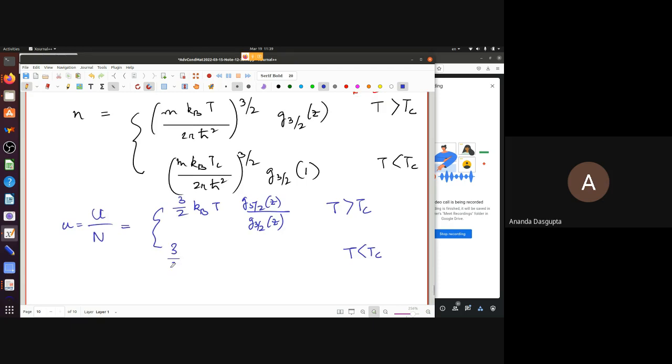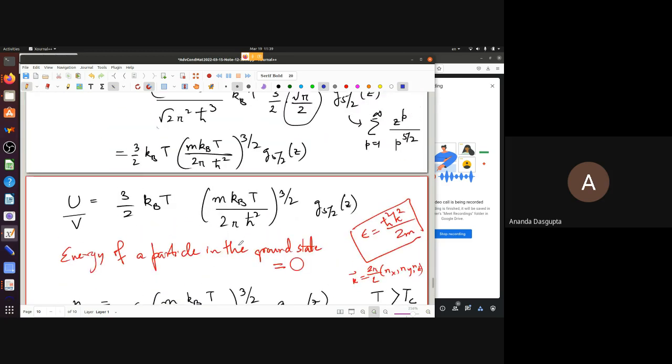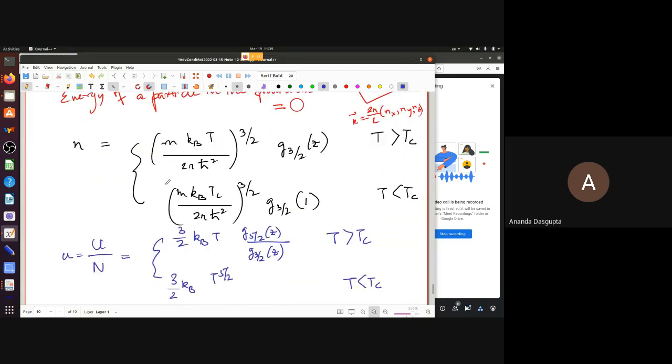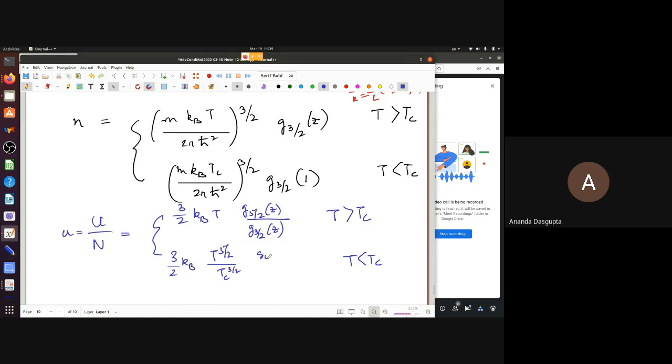It becomes 3/2 kB T to the power 5/2. Everything else cancels, but you have a T to the 3/2 times a T, that's T to the 5/2, divided by Tc to the power 3/2. And then there's G5/2(1), which is zeta 5/2, of course, by G3/2(1).